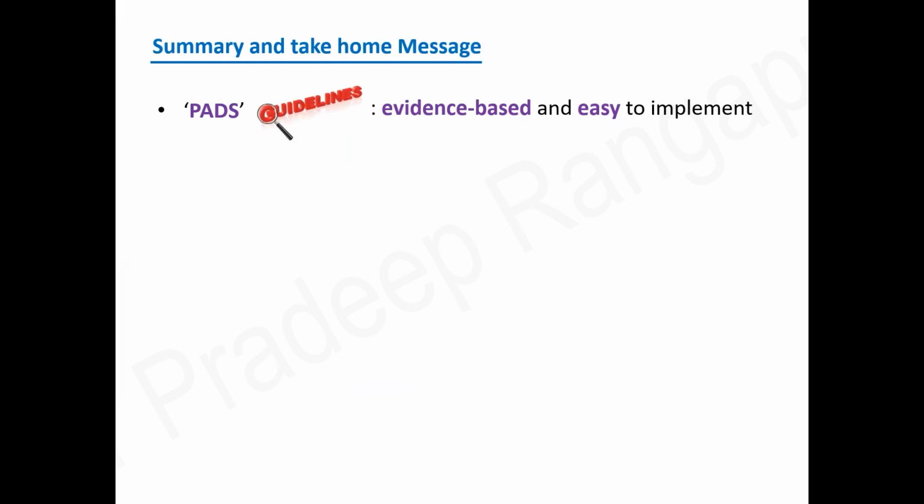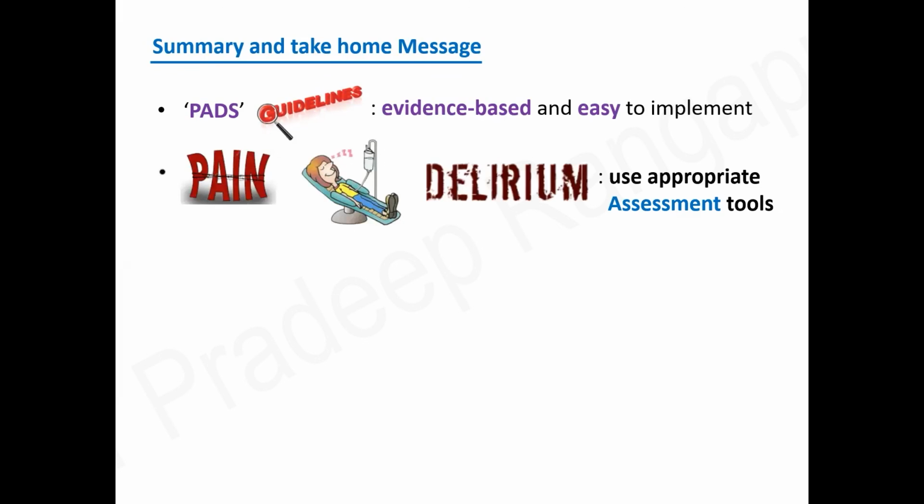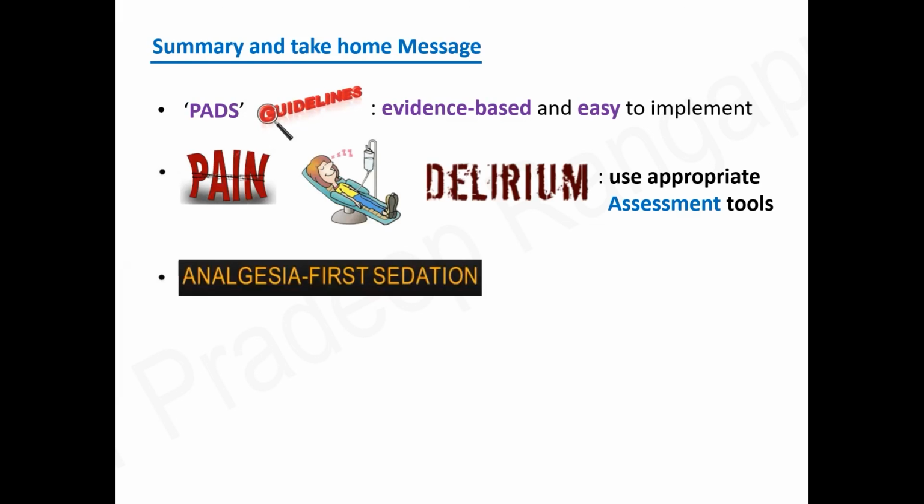So the summary and take-home message. The guidelines suggest the evidence-based strategy to sedation is easy to implement, and pain, sedation, and delirium all coexist in a patient, and all these have to be evaluated and appropriate measures taken to alleviate this. And we have to use appropriate assessment tools and appropriate treatment plans for this. And there is a move towards analgesia-first sedation.